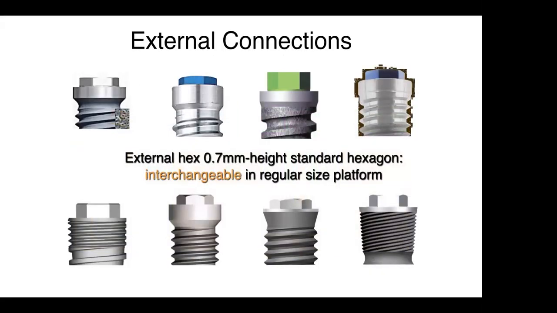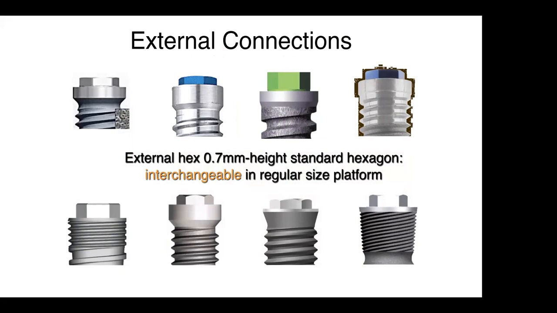Most external connections are compatible with each other because all of them have pretty much the same structure, which is hexagons sticking up about 0.7 millimeter high, except for BioHorizon though.